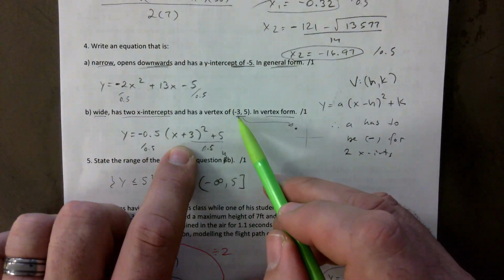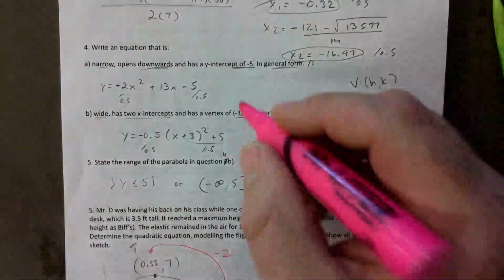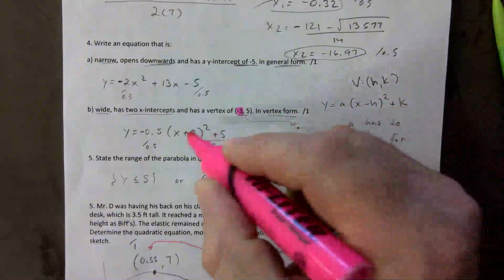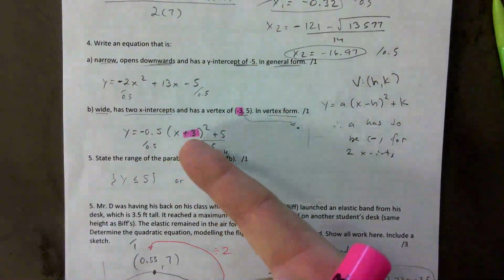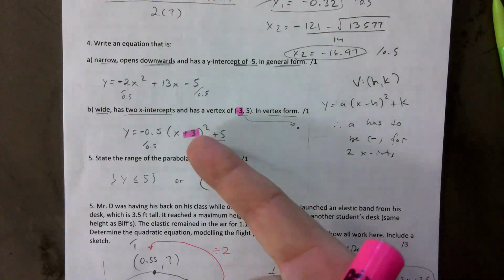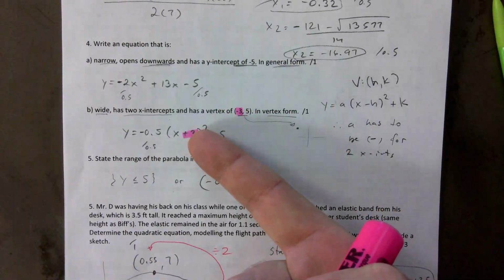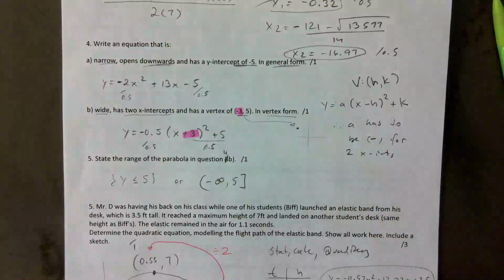The most important thing here, if you want to copy this down and highlight it, is that the x value of the vertex comes in here with an opposite sign. So if it's -3 here, it's +3 there. If it's +3 up here, then it'll be -3 there. That's one thing I need you to remember.